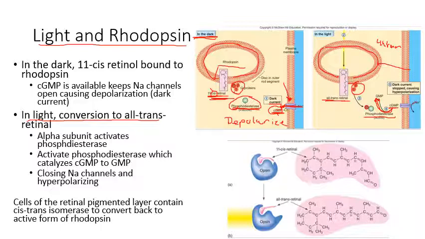Now, with low cyclic GMP, we're closing the sodium channel. Sodium can't rush in, and what will happen is the cell gets hyperpolarized.